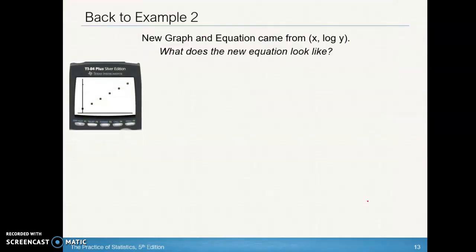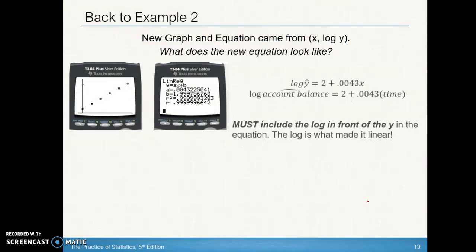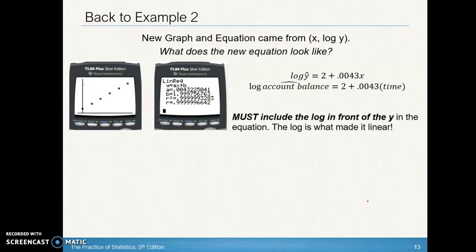Now the new graph and the new equation came from X, log of Y. The question here is, how do I write this? We always write our equation as y hat equals your y-intercept plus your slope times x.